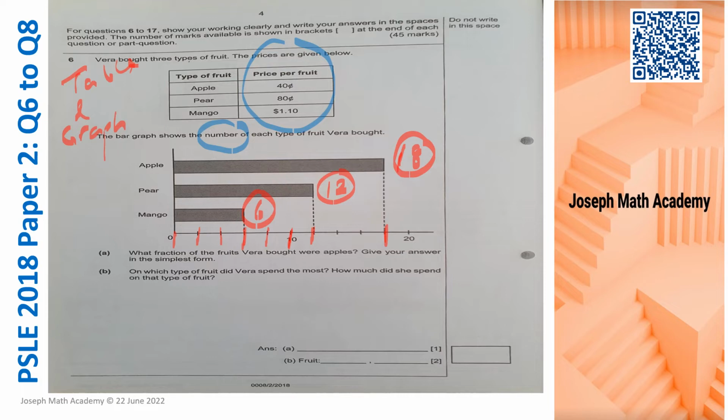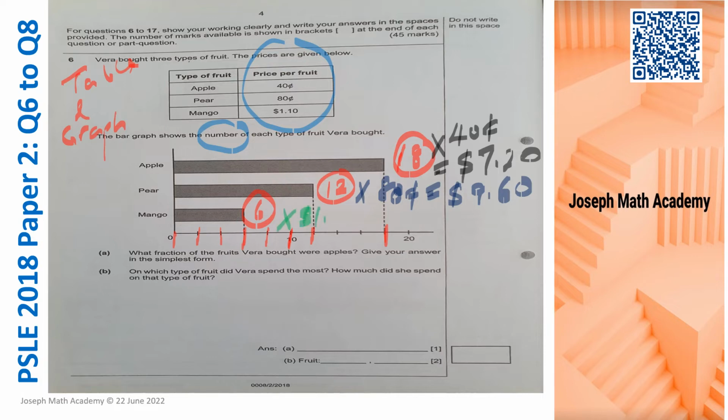Vera bought 18 apples, so 18 times 40 cents gives us $7.20. Vera bought 12 pears. Each pear costs 80 cents. So 12 times 80 cents gives us $9.60. Vera bought 6 mangoes. 6 times $1.10 gives us $6.60.